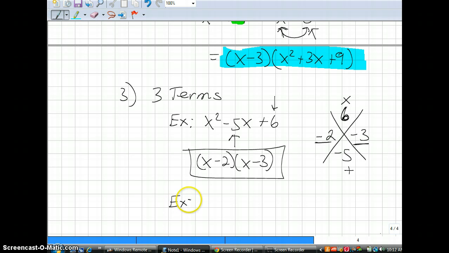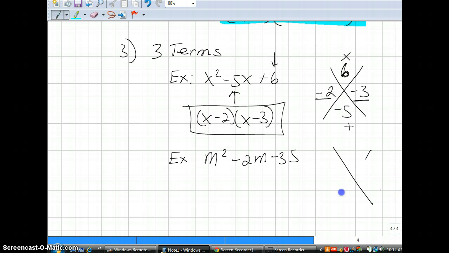Example 2. If I have m squared minus 2m minus 35. Again, I take the constant and the sign in front of it, so it's a negative 35, and I take the coefficient of the m, and I ask myself what multiplies to negative 35 but adds up to a negative 2. It's going to be a negative 7 and a positive 5.